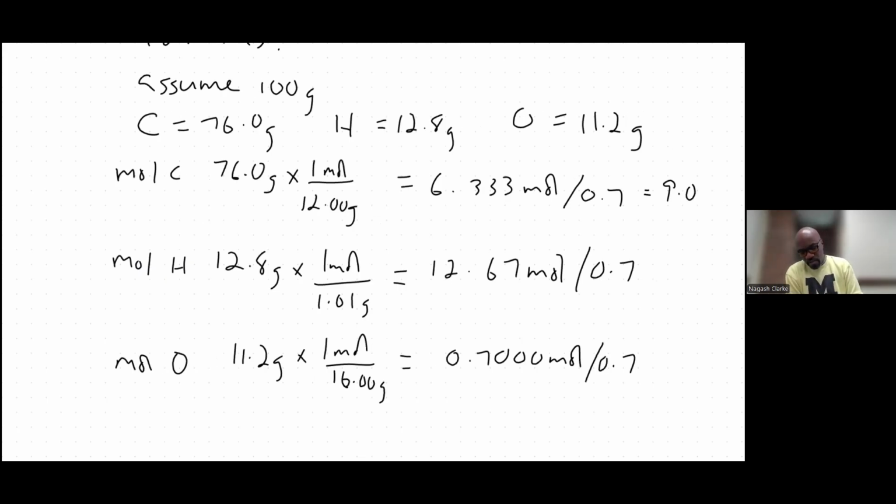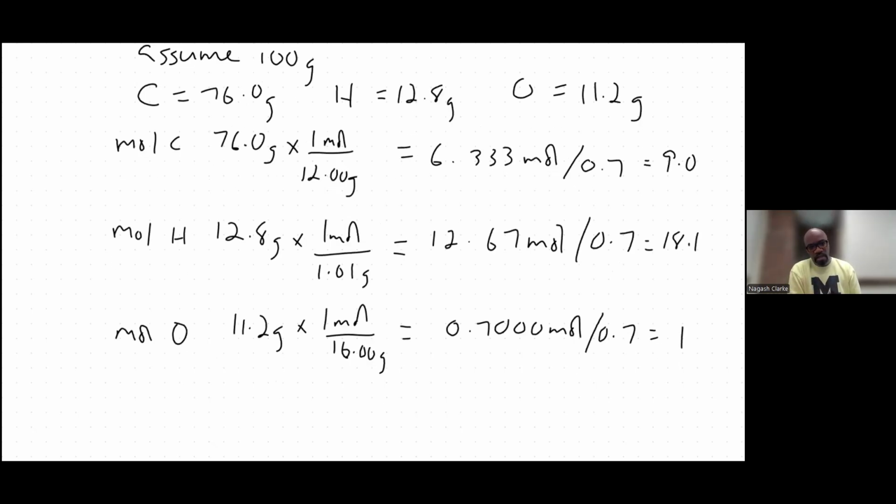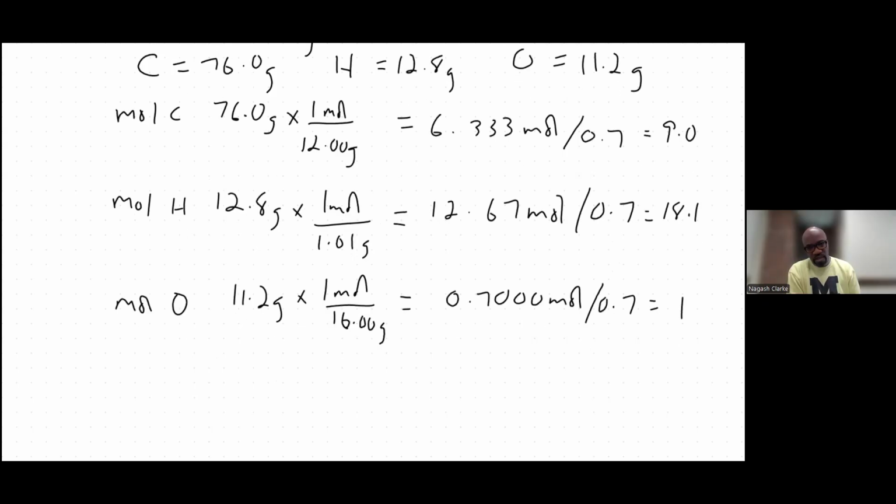And then 12.67 divided by 0.7 is 18.1, which we can call 18 without any issues. And then we have 1. So my empirical formula is C9H18O.